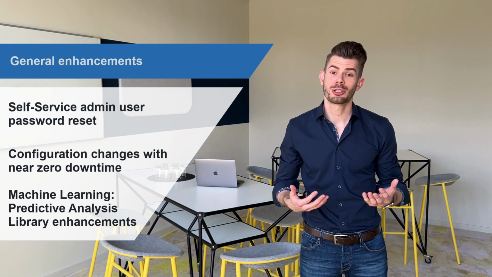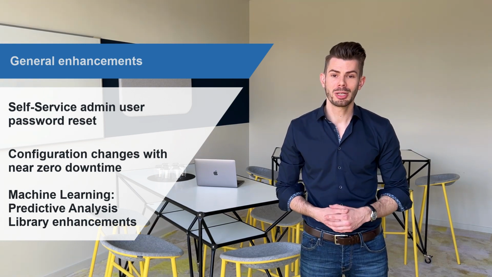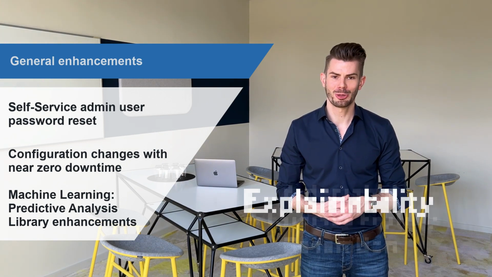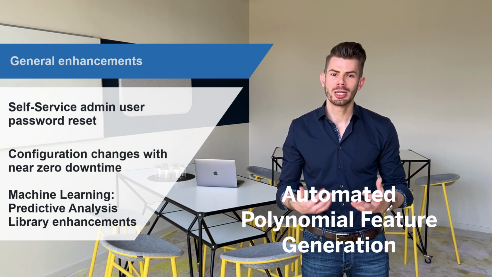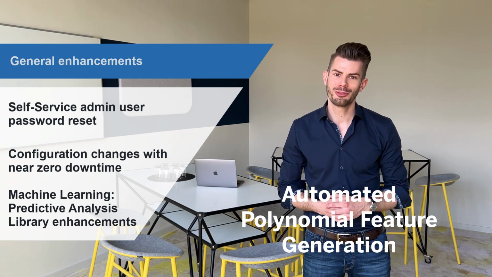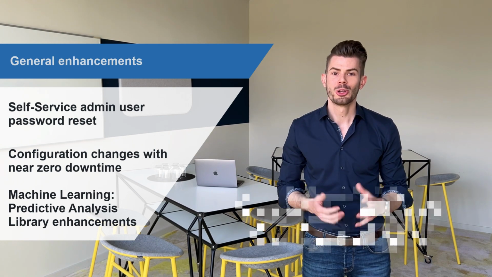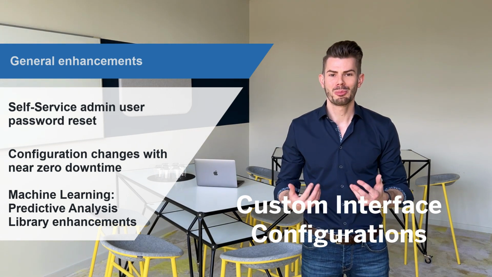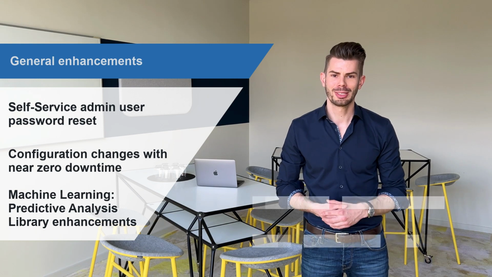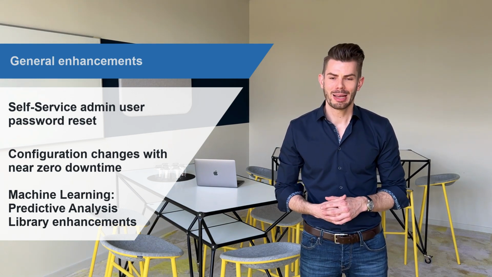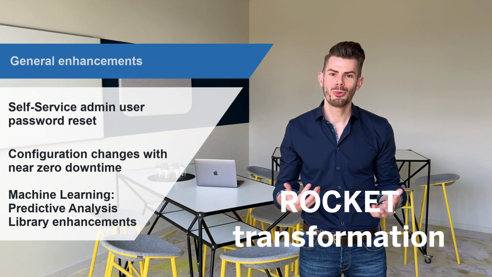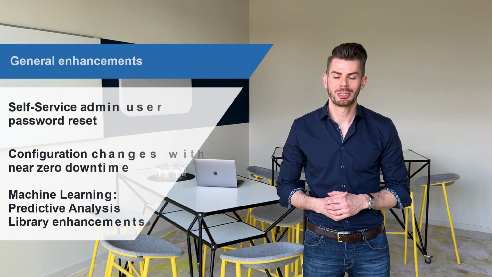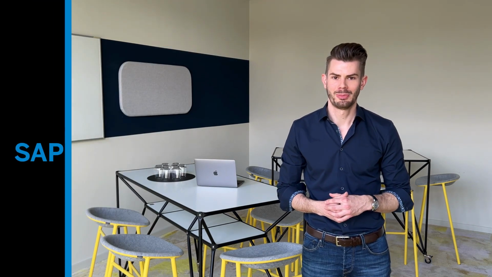We will be adding functionality to our predictive analysis library to support explainability for AutoML classification and regression pipelines, to allow automated polynomial feature generation for the numeric input columns, to work with custom interface configurations for AutoML pipelines, improving the integration into applications, and lastly, to enrich time series classification by supporting a rocket transformation, enabling faster and a more accurate time series classification.